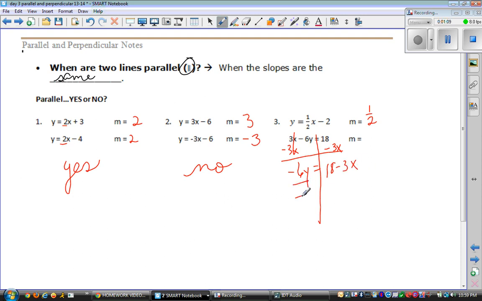And if I divide every piece by -6, that cancels. y equals -3. Two negatives make a positive, and 3 over 6 is the same thing as 1/2 x. So the slope of this line is also 1/2. So yes, these two are parallel.